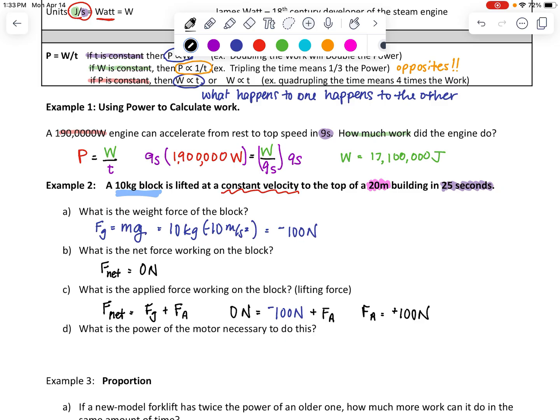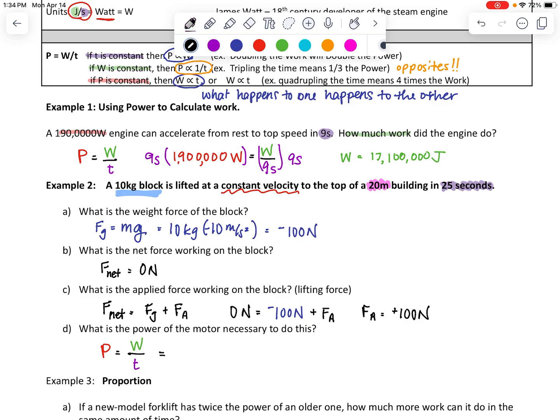So then what is the power of the motor? Now notice you have Fa, and our power equation: power is equal to work divided by time. Fantastic, but we don't have work, so I'm going to substitute my work equation in there.